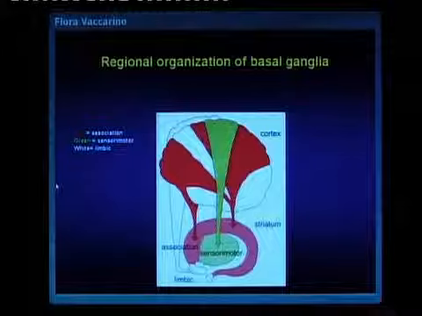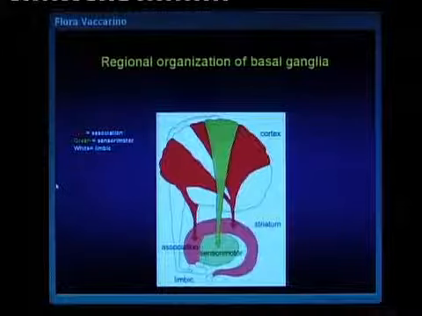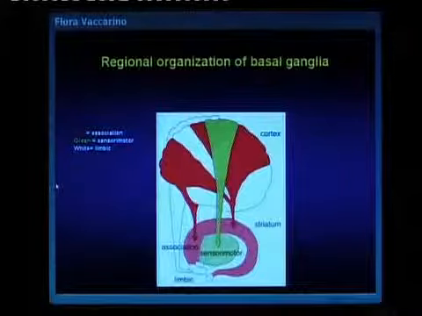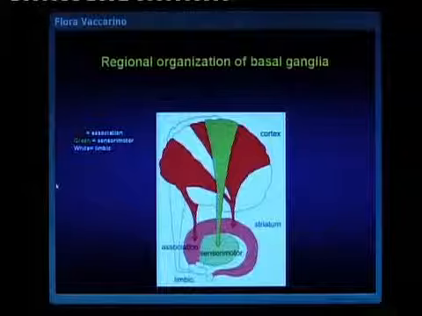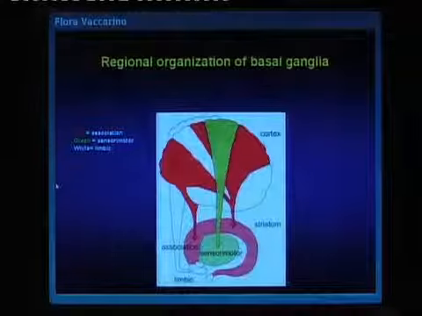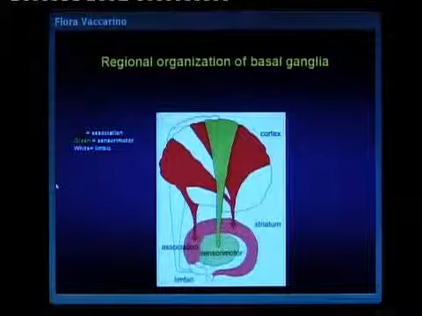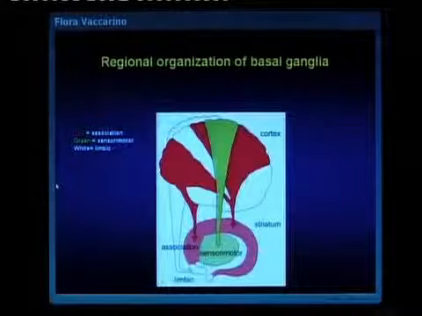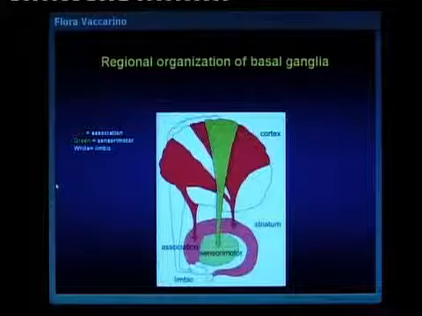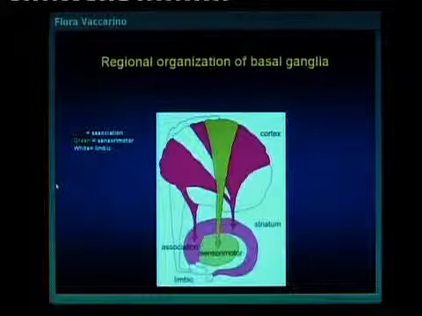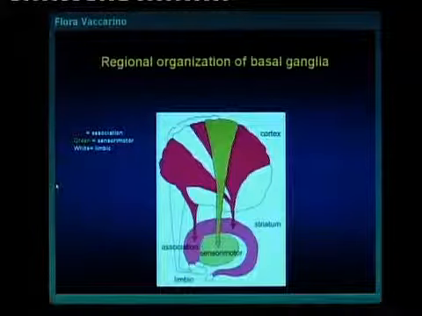This is the caudate, shown in schematic outline in a sagittal section, that is, this is the front and this is the back. And it's almost like a donut, a partial donut. This is the anterior part, this is the posterior part, and this is the putamen sitting kind of inside it.